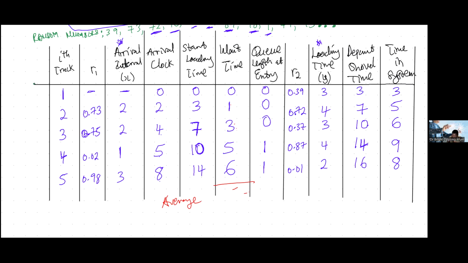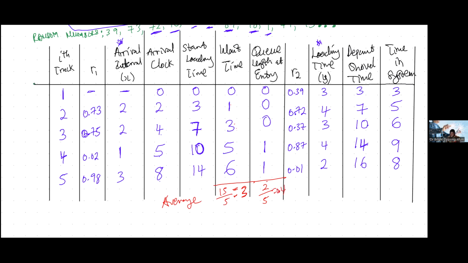That is 15 divided by 5, which is equal to 3. We can look at the length of queue. The average length of queue can be 2 divided by 5, which is 0.4.